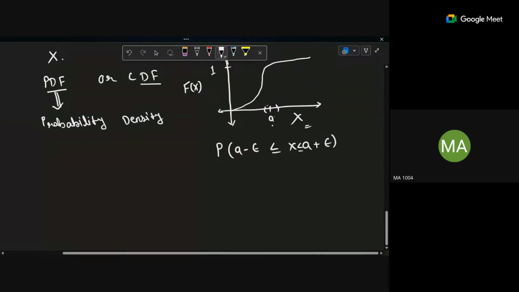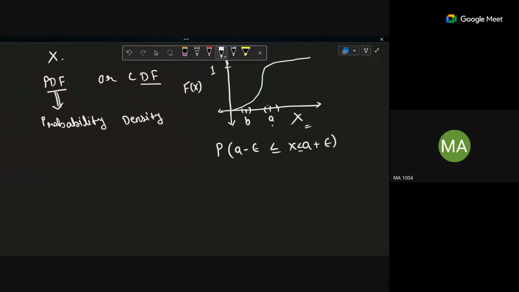Let's come to numbers only, A or let's say B. The probability that your random variable X will take values in the neighborhood of B is not equal to the probability that it takes values between A minus epsilon and A plus epsilon. That means in the neighborhood of A and the neighborhood of B, the distribution of the random variable will not be the same.